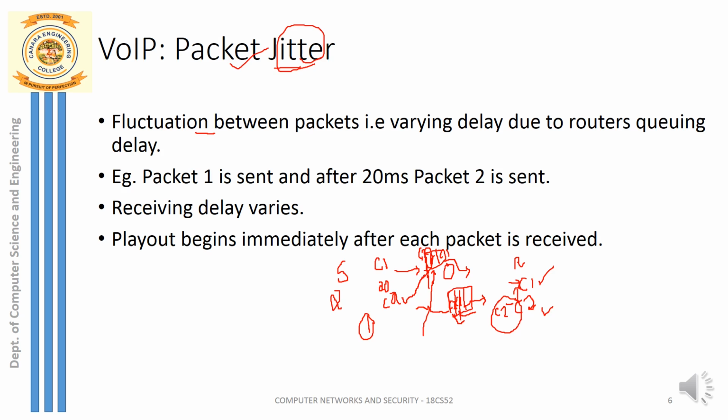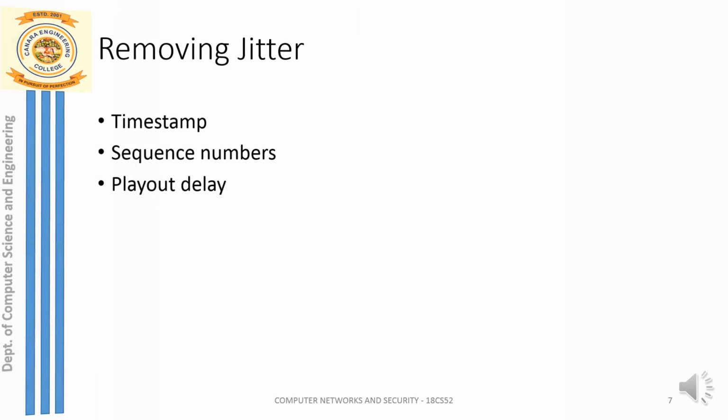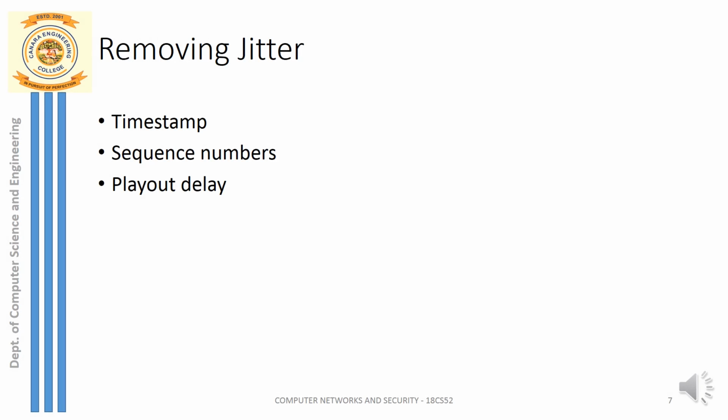We have actually 3 solutions provided for this jitter, so we will just see that. In order to remove these jitters, at the receiver end or at the sender end itself, we should add something and send. So what is that? First thing is timestamp.